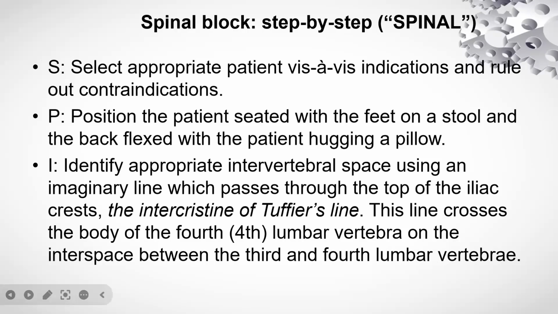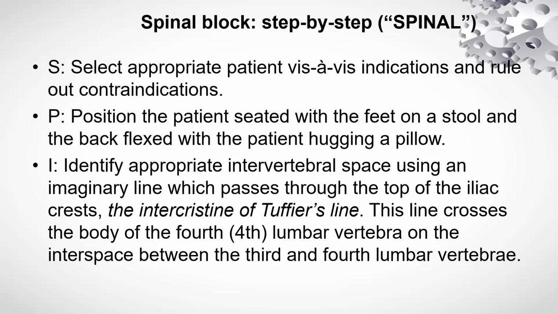So how do we follow step by step? Use spinal anesthesia. You want to select the appropriate patient vis-a-vis indications and contraindications. You want to position the patient seated with feet on a stool. We're going to come to that as we go on.